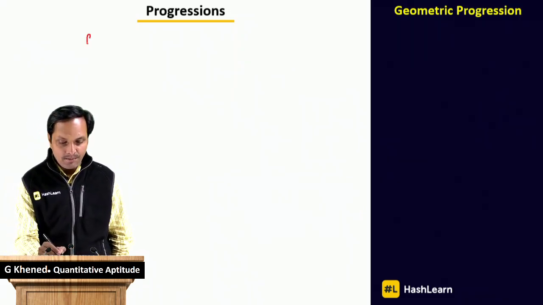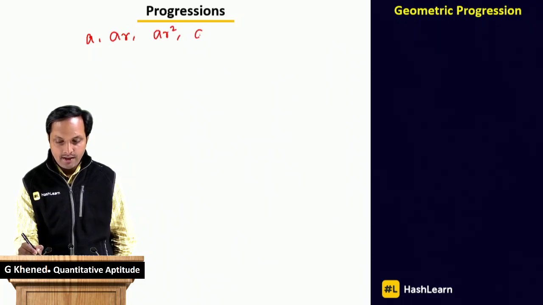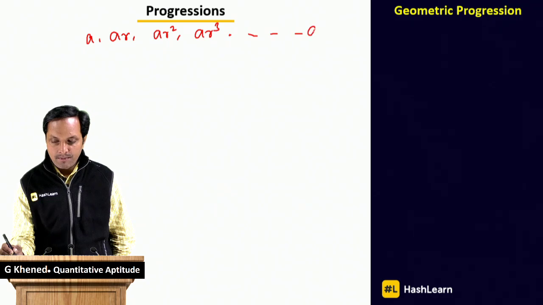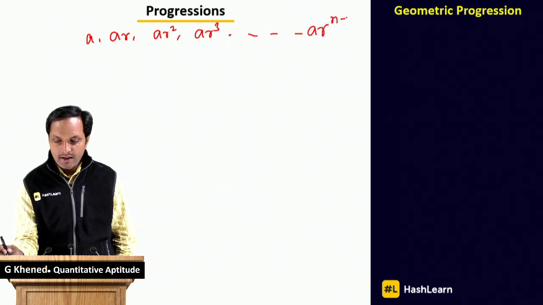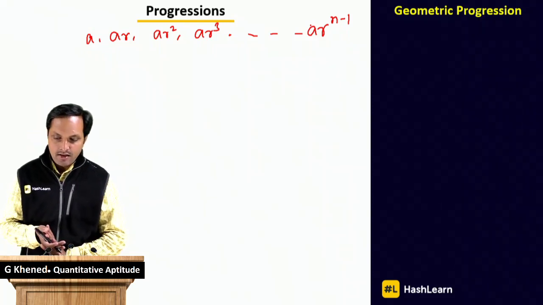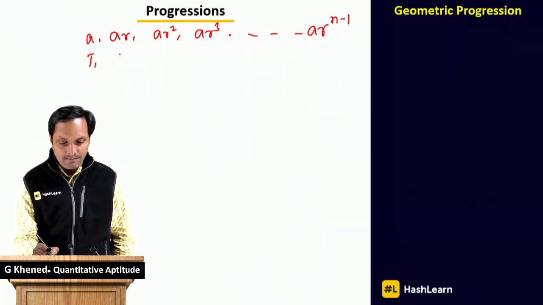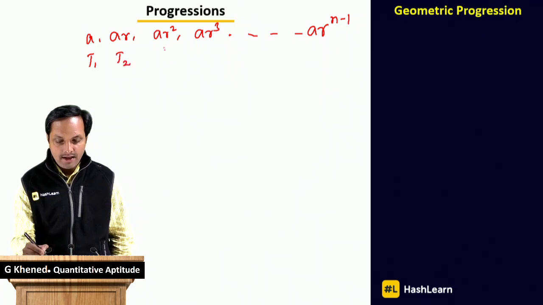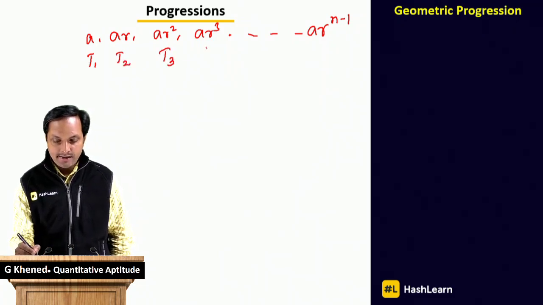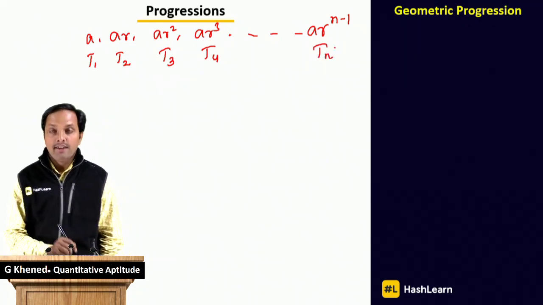So the general expansion is a, ar, ar square, ar cube, and it goes on up to ar power n minus 1. This is the general sequence of a geometric progression. What is a? a is the first term, ar is the second term, ar square the third term, ar power 3 the fourth term, and this is your nth term.